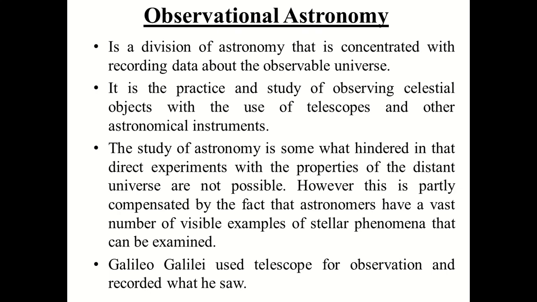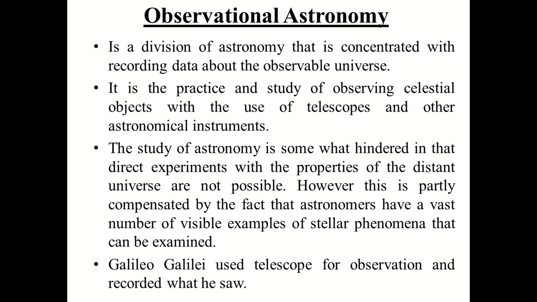However, this is partly compensated by the fact that astronomers have a vast number of visible examples of stellar phenomena that can be examined. This allows observational data to be plotted on graphs and general trends recorded. Galileo Galilei turned a telescope to the heavens for the first time and recorded what he saw.